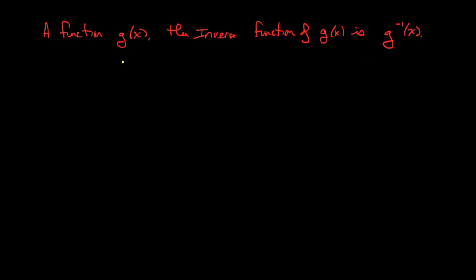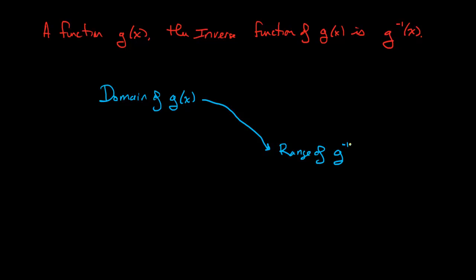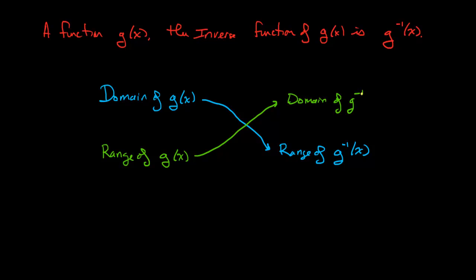So here, if we describe the domain of g of x, the domain of g of x will become the range of g inverse of x. And the range of g of x will become the domain of g inverse of x.